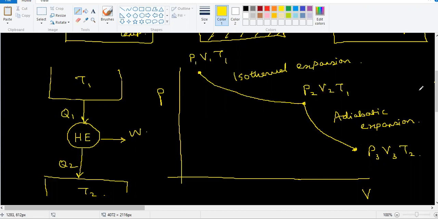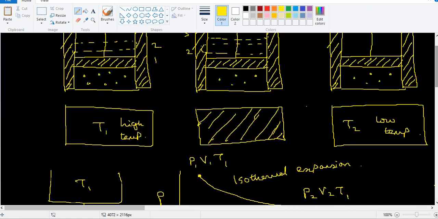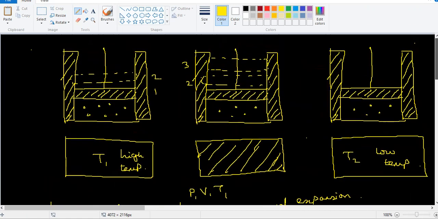The next process is, suppose I keep this cylinder from the third position in this low temperature sink. Whatever extra heat you have will be dumped inside this one, which means suddenly the entire thing will come to a lower temperature, which is T2.